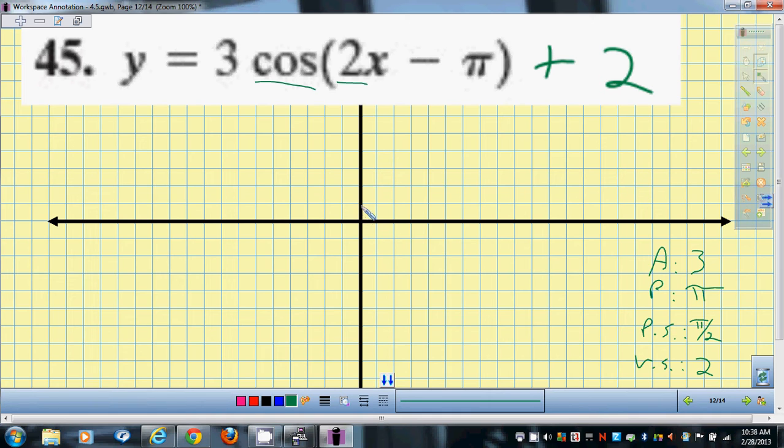However, if we had no vertical shift, an amplitude of 3 means we're going to go as high as 3 and as low as what? Negative 3. Very good. That's what we would be doing. However, because we're shifting up 2, we're no longer going to be at 3 and negative 3. We're going to be at 5 and negative 1. Now, you don't have to mark that, but it's just handy to know.